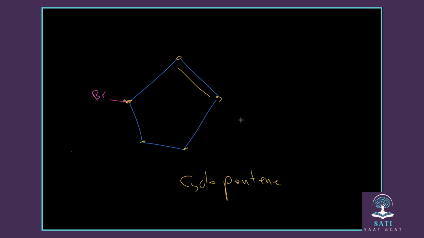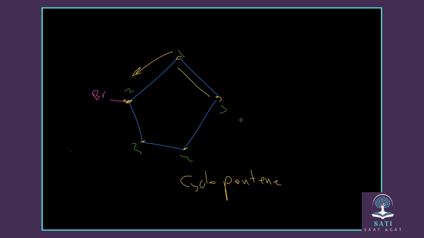Okay, what about if I add now on cyclopentene, for example, bromine? What will this be called now? In this case, we need to number the carbon atoms. And when we number the carbon atoms, we number them so that the double bond takes the smallest possible number. If I number here 1 and here 2, 3, 4, 5, no, because if you move this way, you are not including the double bond.